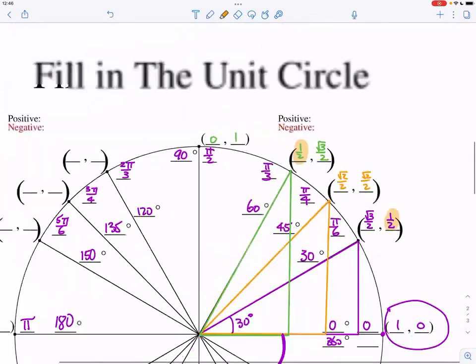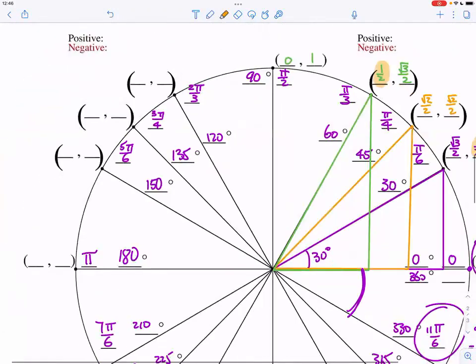Okay. So over here, I will be able to write down that this is 1/2. And this is negative 1/2. So if you want to just fill out the circle, you fill out the coordinate pairs.